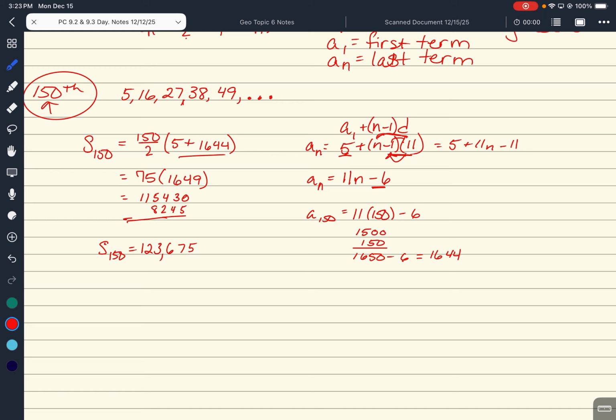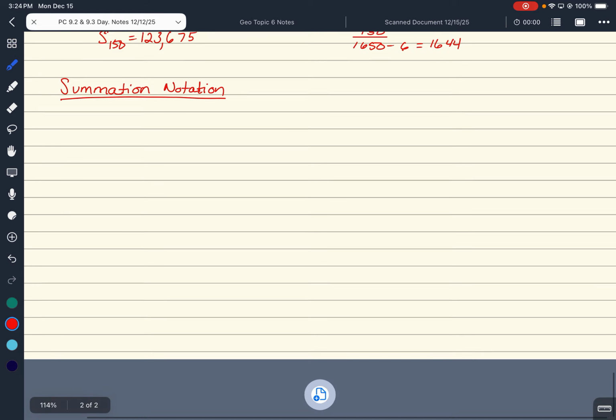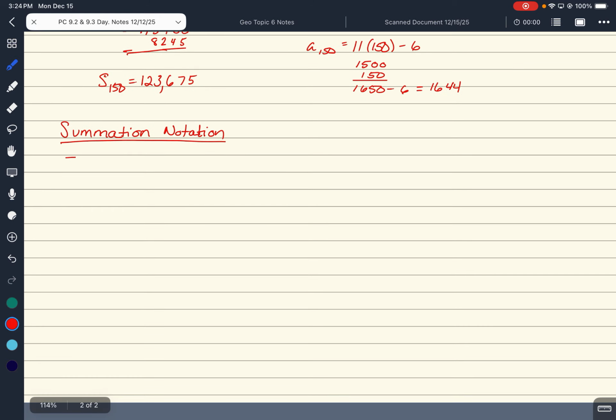Now, summation notation, the same thing. Summation notation is with the sigmas. I'm trying to write it really nice, and it's trying to fix it when I'm writing. We'll just let it fix.